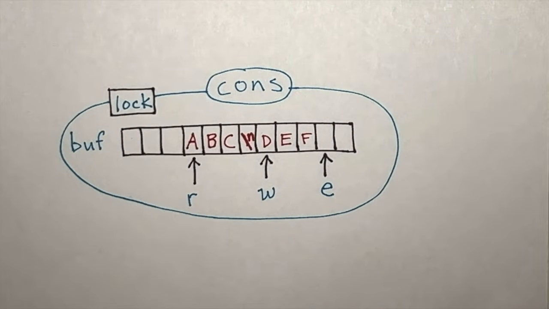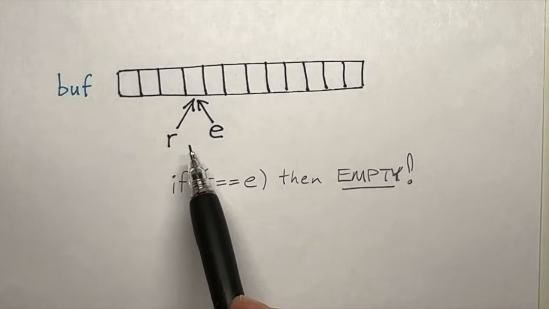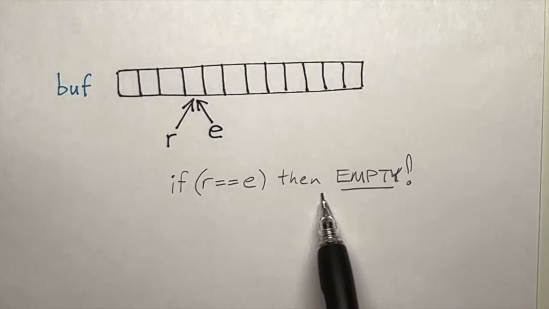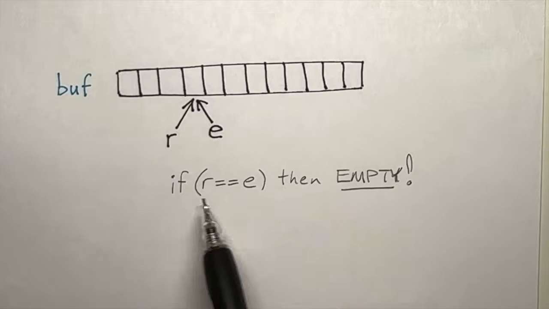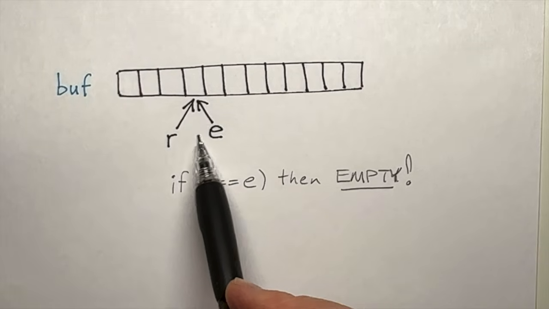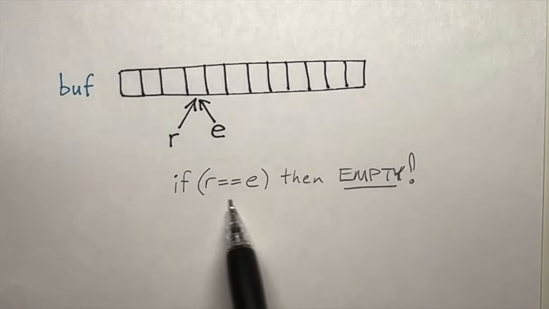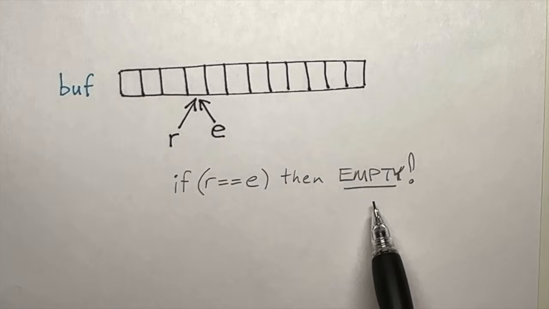Before I talk about the W index, let me get a couple of points out of the way. First, if the R and E indexes are equal, it means the buffer is empty. The next addition to the buffer would be at E, the same position that the next read would come from. So the test, R equals E, determines if the buffer is empty.